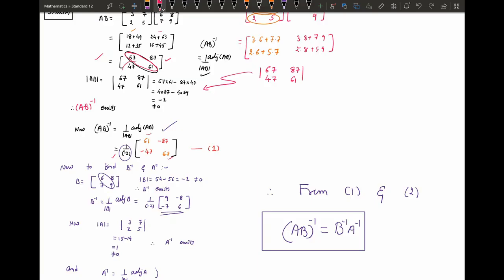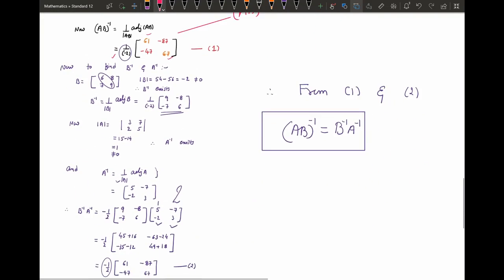Change the sign of the entries which lie in the subsidiary diagonal, so -87, -47. So you can observe this is (AB) inverse. Now we have to verify (AB) inverse equals B inverse into A inverse. So this is (AB) inverse, say result number 1.